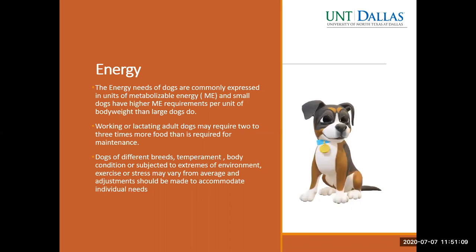That's an obvious thing. Also, dogs of different breeds, temperament, body condition, or subjected to extremes of environment, exercise, or stress may vary from average, and adjustments have to be made to accommodate the individual needs.